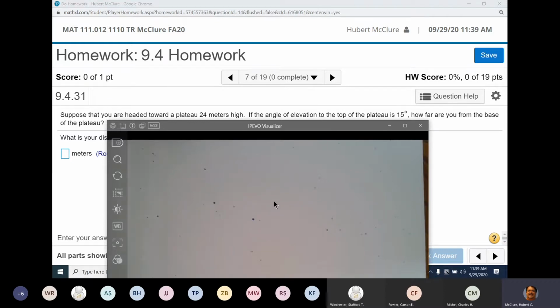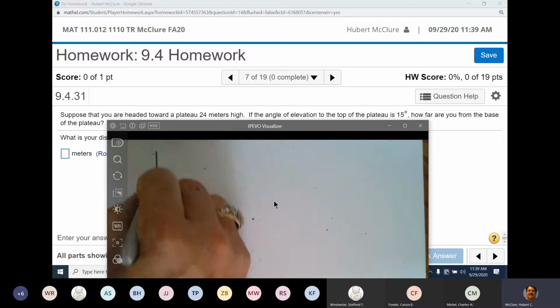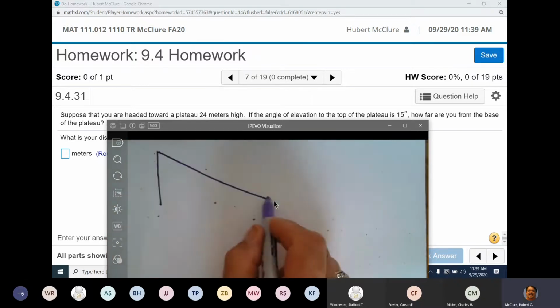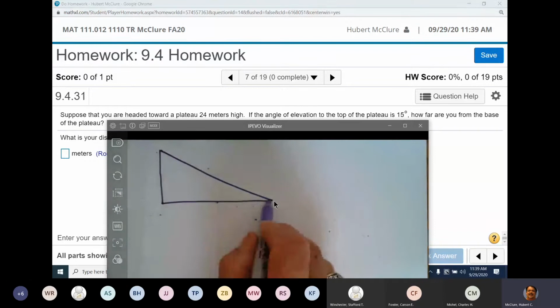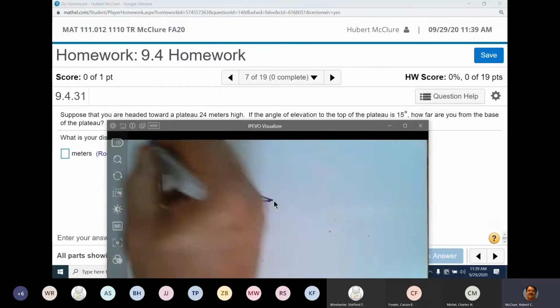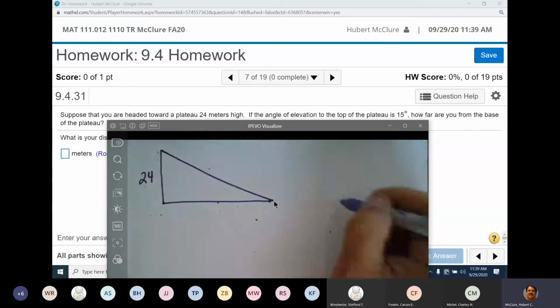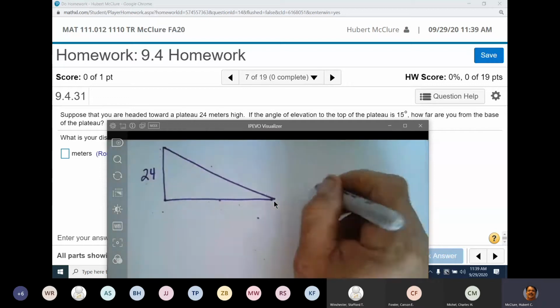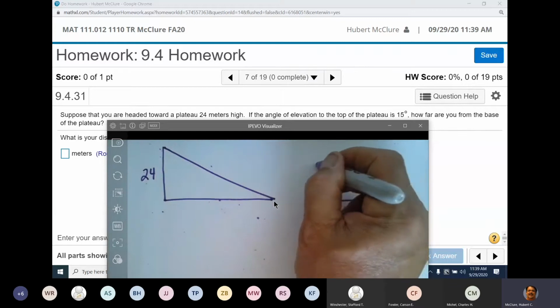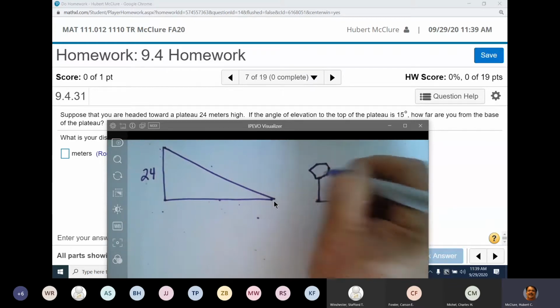All right, so here is an example. I'm drawing it kind of backwards, but the plateau is 24 meters high. Okay, you could do this with a sign in the parking lot. Here's your sign, and let's say it's a sign that says watch traffic or stop or whatever.